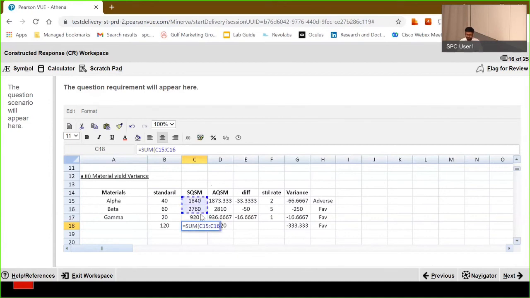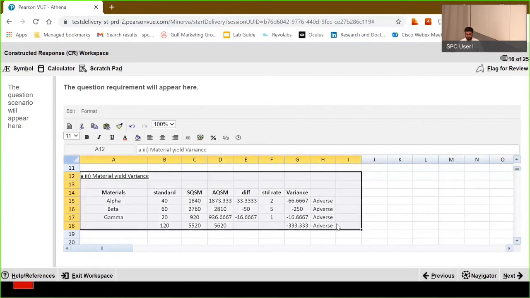Take the sum of this. This gives you 5520. Difference we already have. Rates are there. You already got the answer for the variance. This is adverse. This is also adverse. This is also adverse, and the total is adverse. So all of these are adverse. So you can see that when it comes to yield variance, we just need to find out standard quantity, standard mix. Apart from that, if you copy and paste, you will directly get your answer for yield.